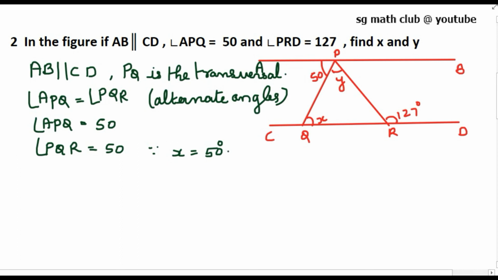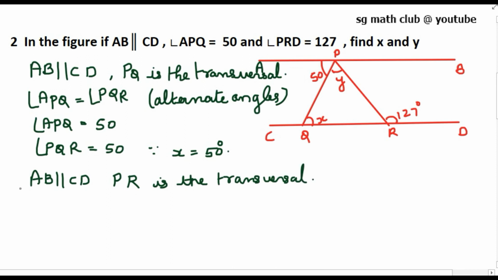Now in the same way, if AB is parallel to CD, we can consider PR as our transversal. If you consider PR as the transversal, again a pair of alternate angles is formed. The pair of alternate angles here is APR and PRD. So APR is 50 degrees plus y, and PRD is equal to 127.